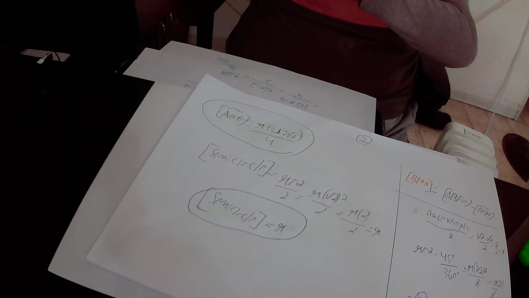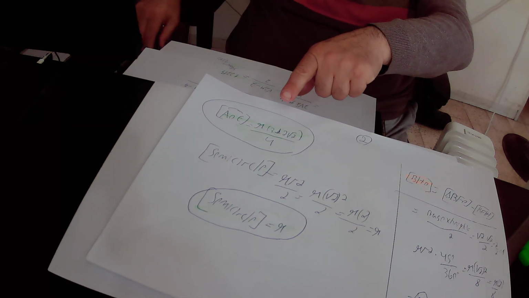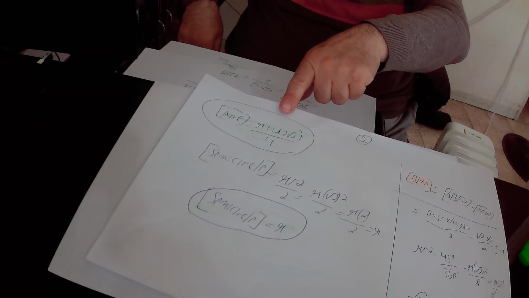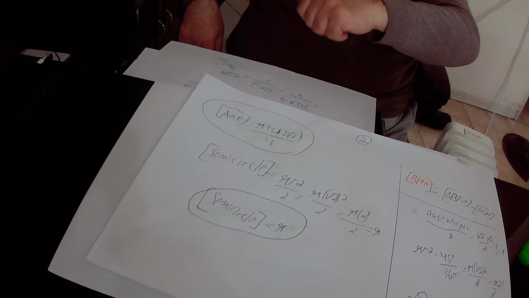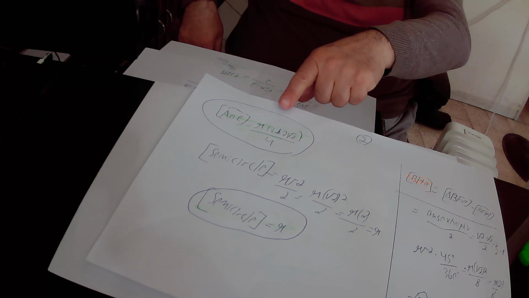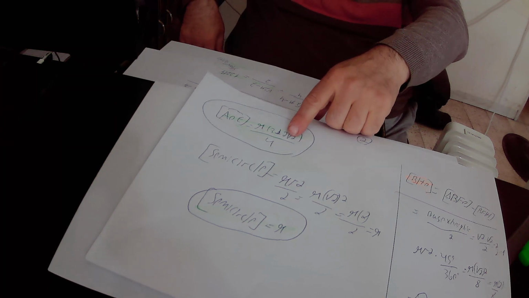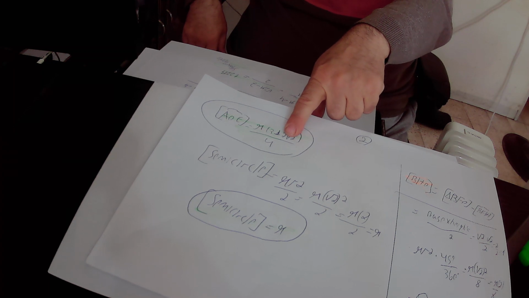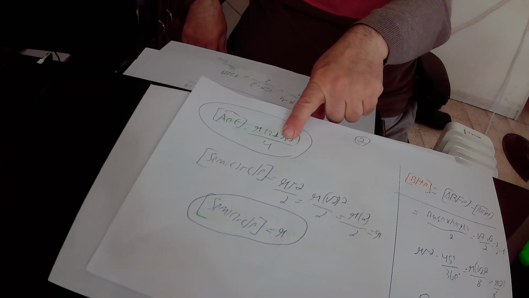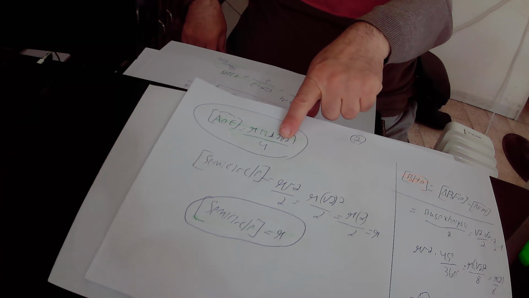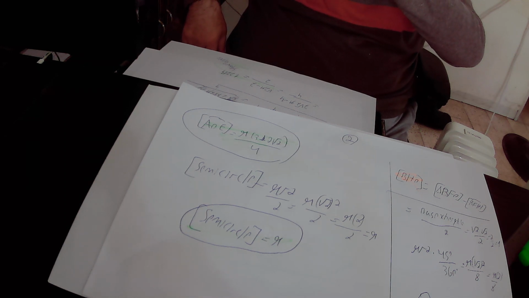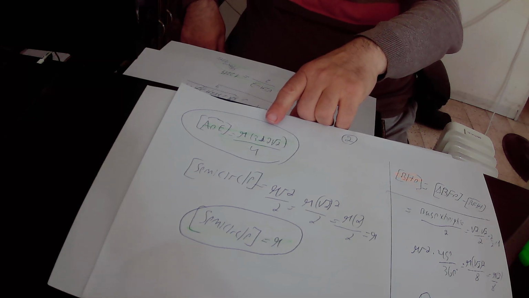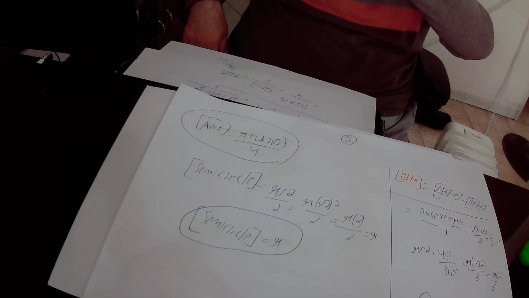So the area of the big sector AOE equals pi. Inside the brackets we have 3 plus 2 times square root of 2 after we divided both the numerator and the denominator by 2. The denominator was 8, 8 over 2 is 4. So in total, the area of the big sector AOE equals pi times 3 plus 2 times root of 2 over 4 square units.